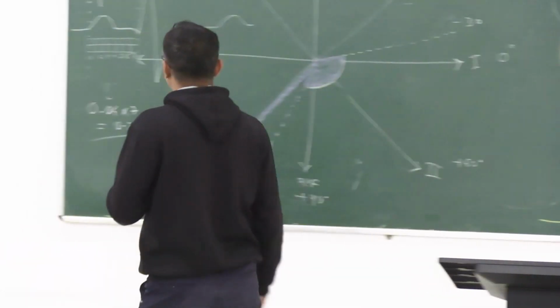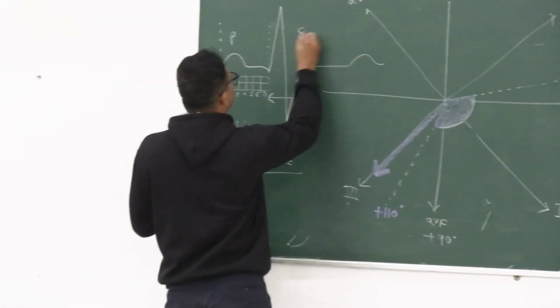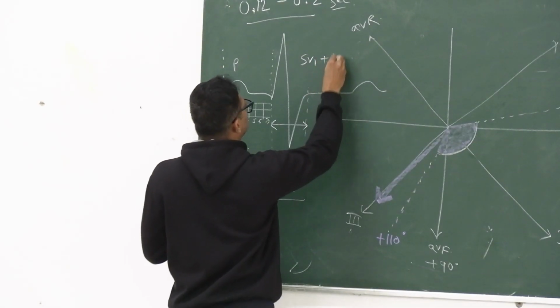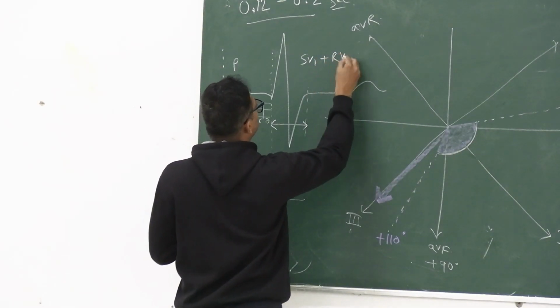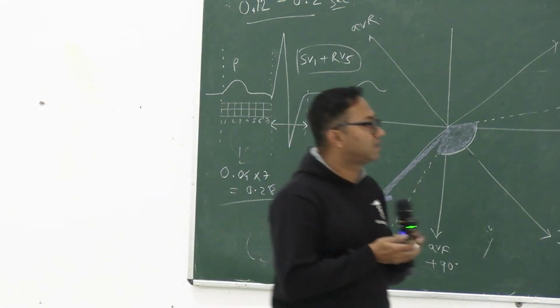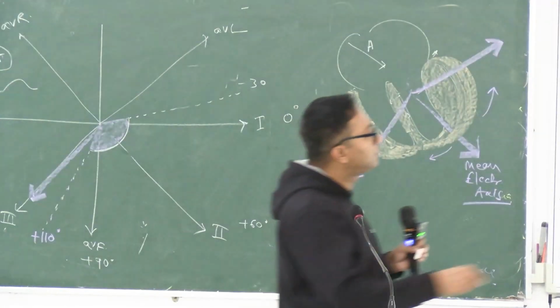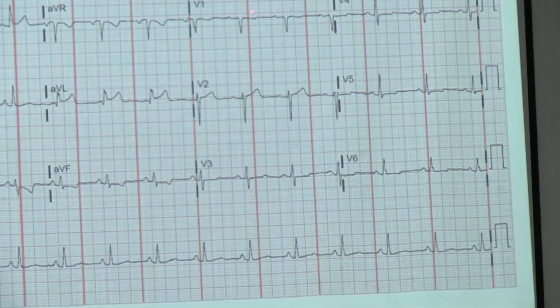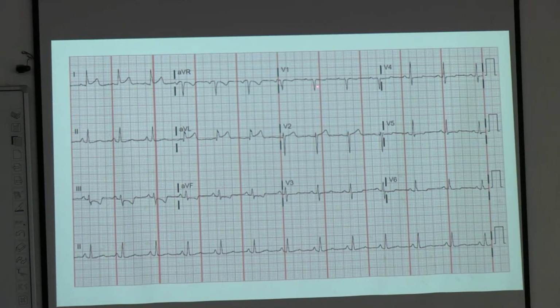One criterion you can remember is SV1 plus RV5. So you check V1. This is V1, and this is the S wave of V1.